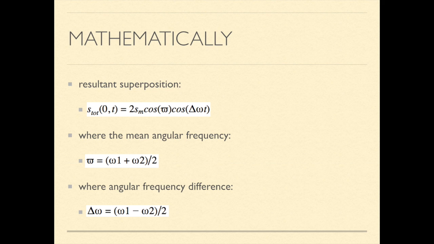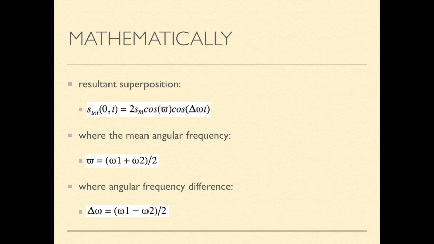To show this mathematically, and getting the equations from our textbook, we see that the total superposition, displayed as S subscript total, is actually a product of two cosine functions, one with omega bar as its argument, which is our mean angular frequency, and the other with the angular frequency difference, which is delta omega.